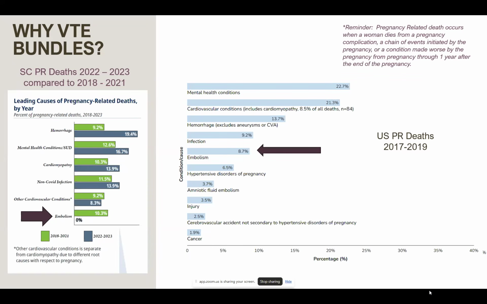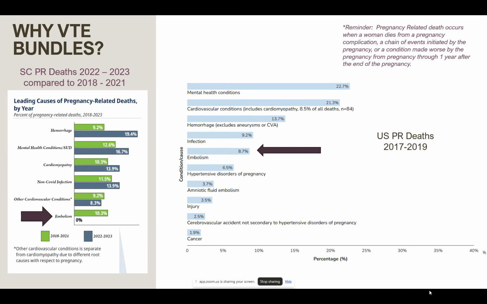For our South Carolina data, we were able to make comparisons from our data from 2018 to 2021, and then 22 to 23. And in those case reviews for the pregnancy-related deaths in South Carolina, in 22-23, we had 0 cases of VTE, but previously embolism was listed as one of the leading causes for pregnancy-related deaths.